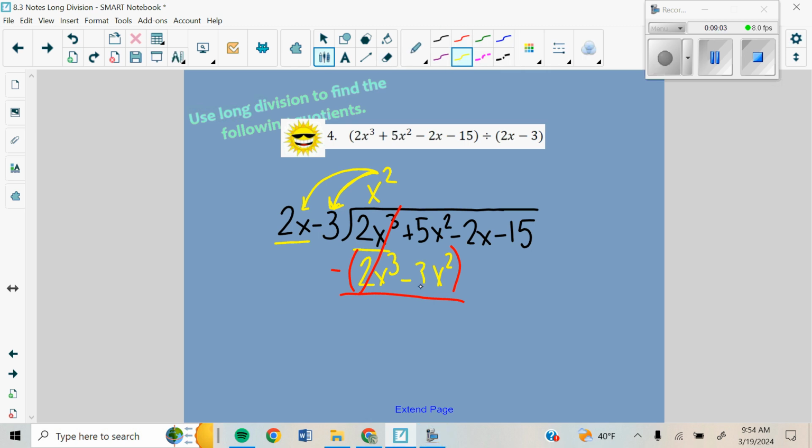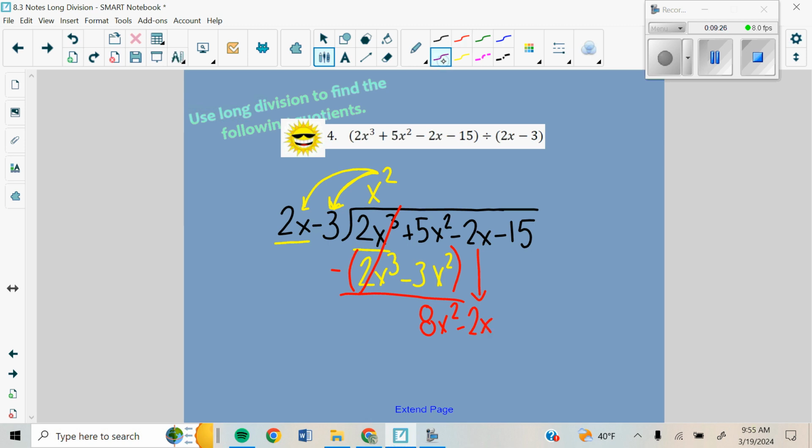So we have a 3 and negative 3, and x squared turns into negative 3x squared, not negative 6x squared. I don't know what I was thinking. Let's try that again. 5x squared minus negative 3x squared. Minus a negative is going to turn into plus a positive. So we get 8x squared. We bring down our next term, so a minus 2x.